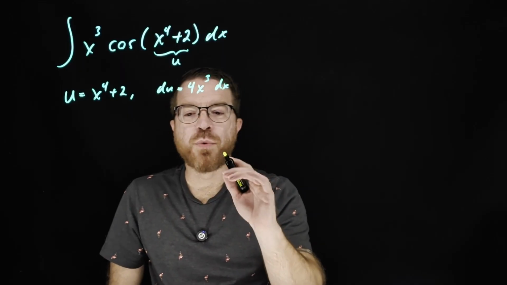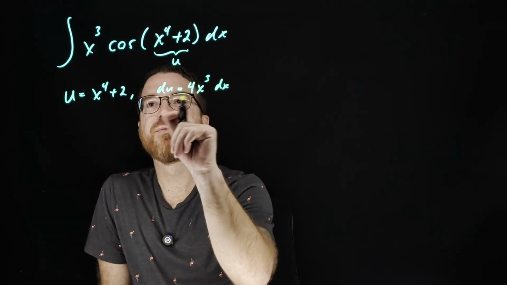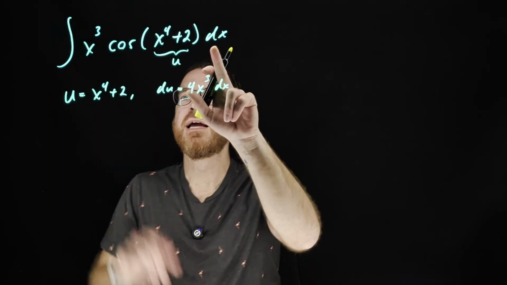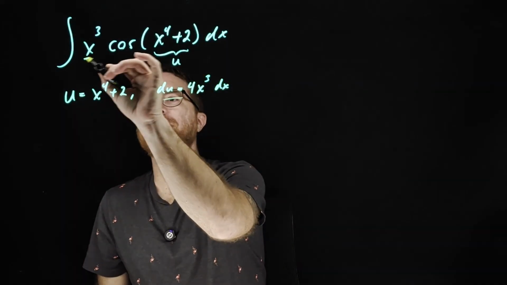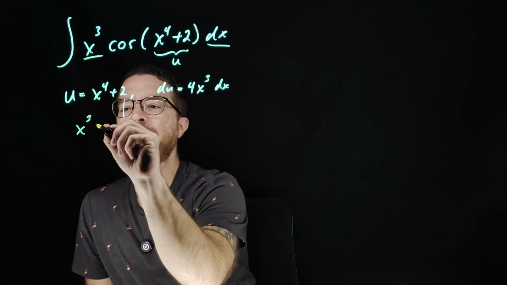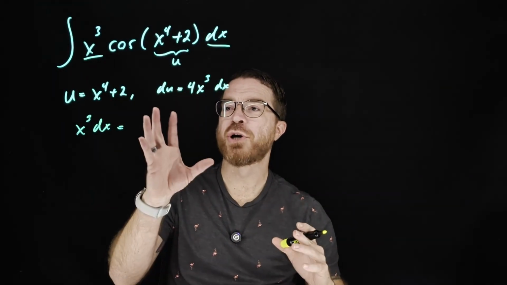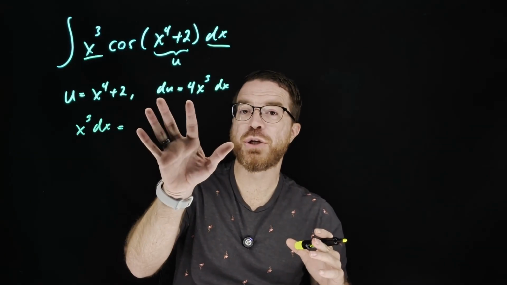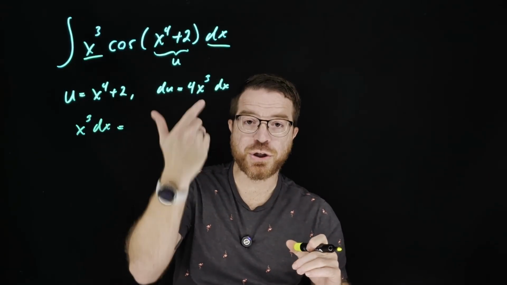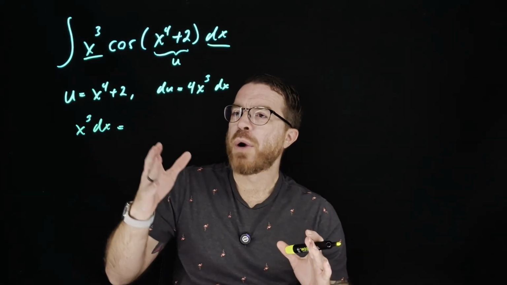And if we look at this dx term, we have x cubed dx within our integral. What we want to do is get this into terms of du, because whenever we do u-substitution, we have to take the integral with respect to u. So how does this relate?